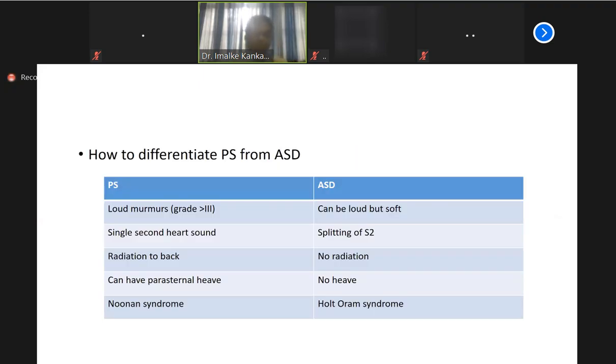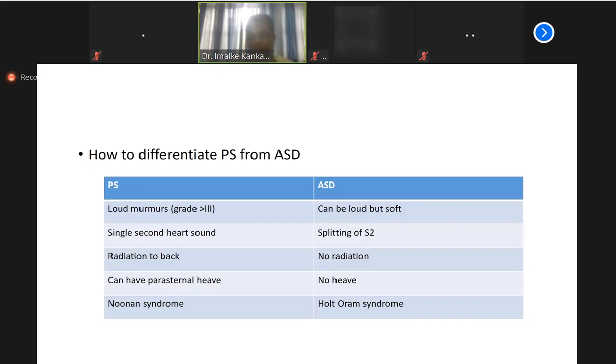Now, if you hear a murmur best heard in the pulmonary area, pulmonary stenosis murmurs are usually loud, right? If there's a thrill in the pulmonary area, that is PS. Because PS children are well grown, they don't get any pulmonary edema.